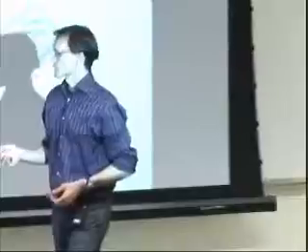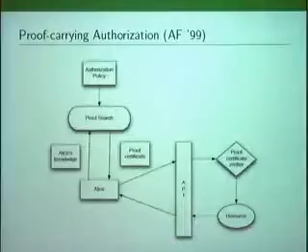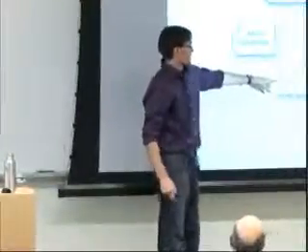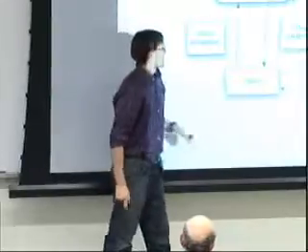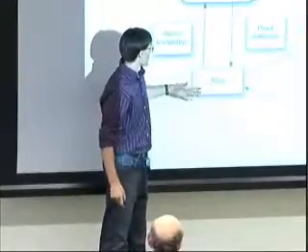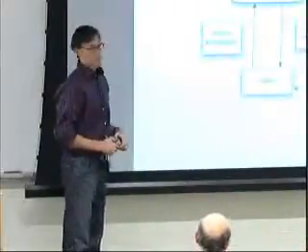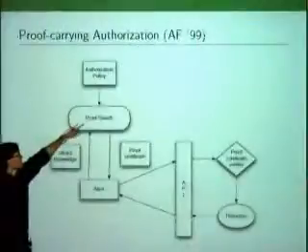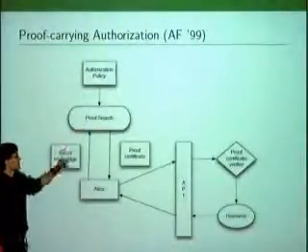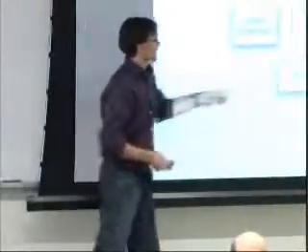The way this works is that you have some authorization policy written in some kind of logic, and then you have a principal like Alice who has some knowledge about the state of the world. Say Alice wants to access a file that's protected behind this API. So Alice executes some proof search procedure to prove that she is able to access the file.